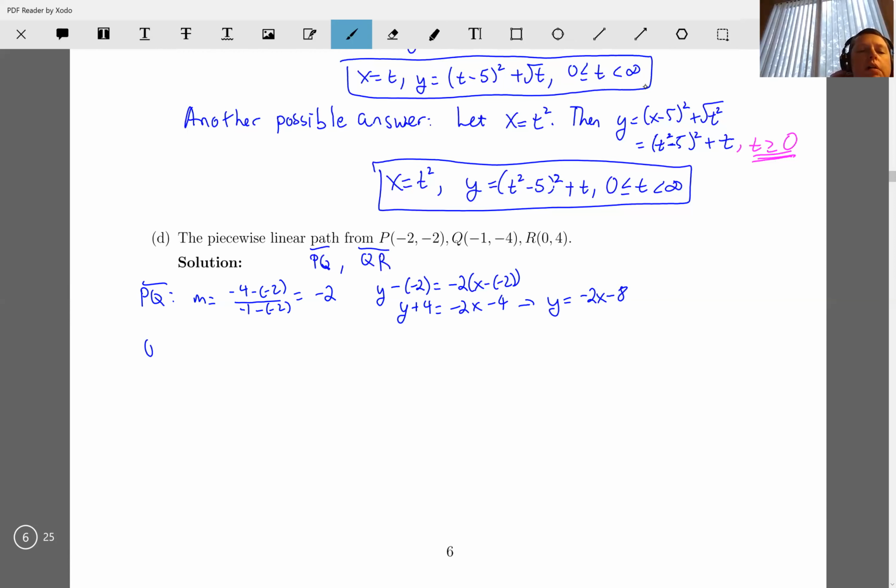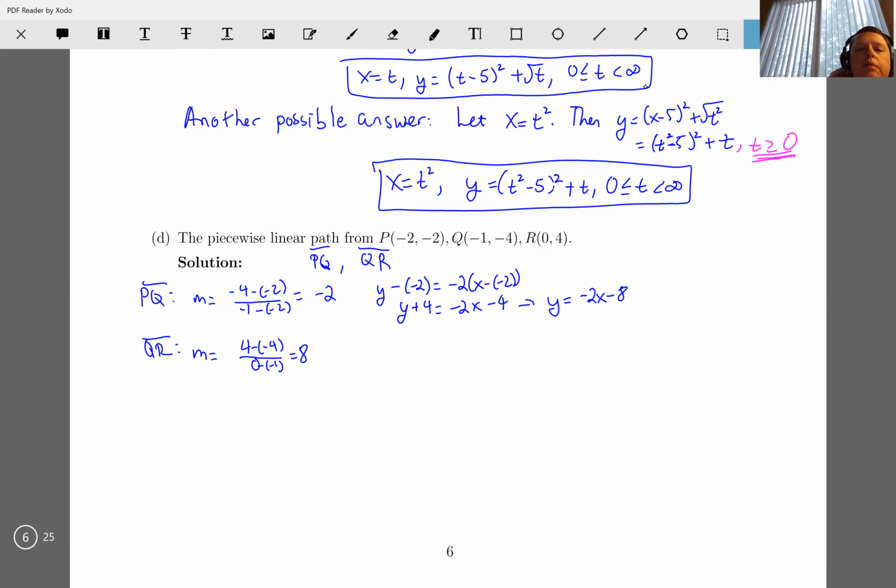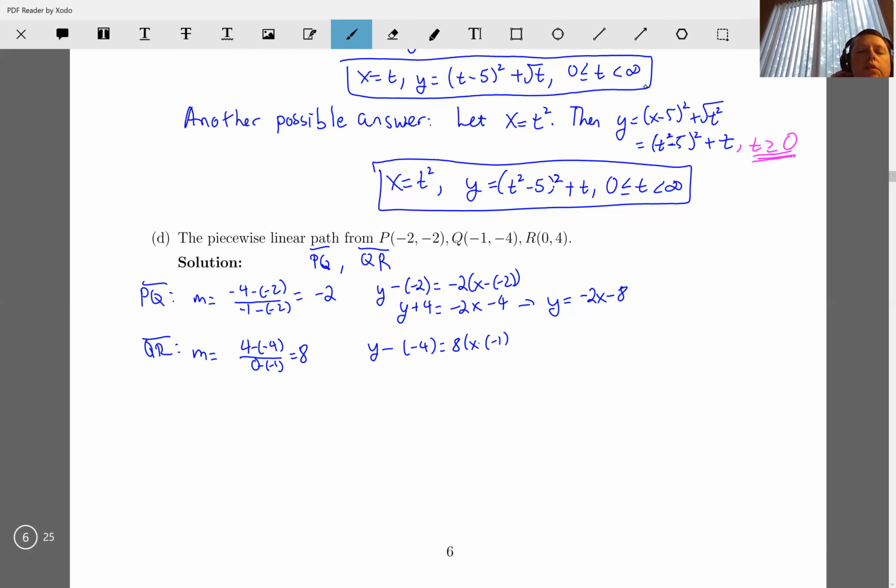And QR, my slope is 4 minus -4 over 0 minus -1, which is 8. And let's see, y minus, let's say -4 equals 8 times x minus -1. y plus 4 equals 8x plus 8.